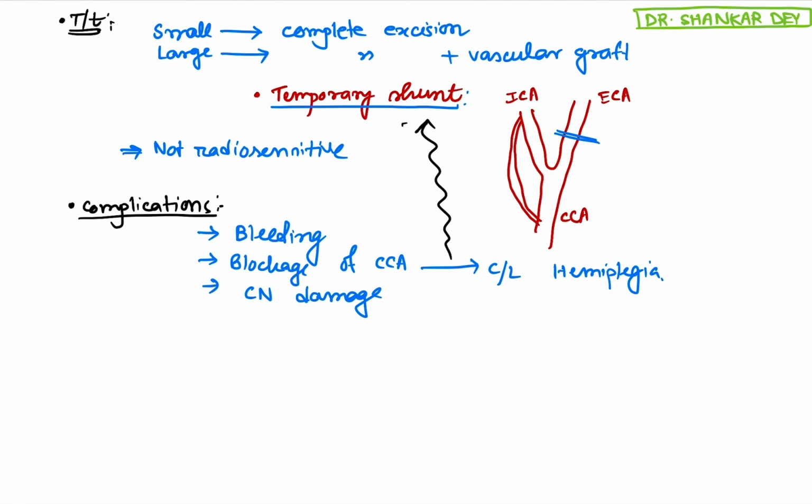Injury to superior laryngeal nerve can alter the pitch of the voice, and injury to spinal accessory nerve can cause drooping of shoulder. So this is all about the carotid body tumor: introduction, clinical features, investigations, differential diagnosis, Shamblin classification, treatment, and complication of treatment.